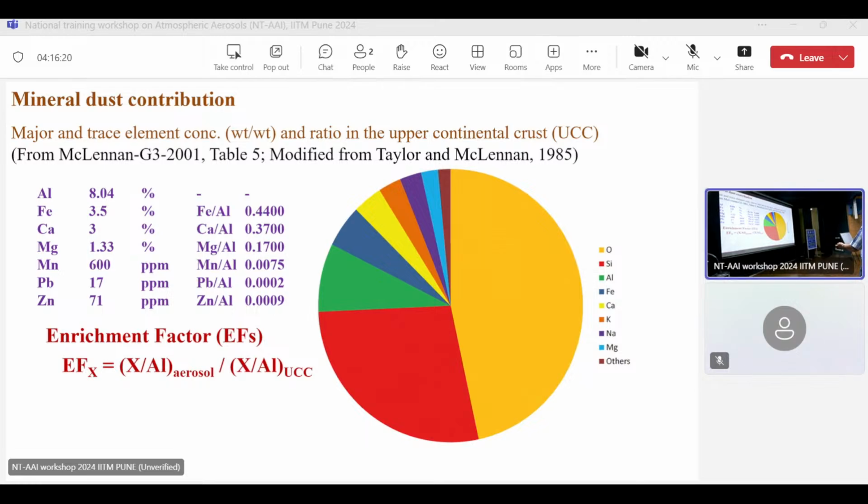So from this ratio, if the ratio is 1, what does that mean? The enrichment factor is 1. What does that mean? No enrichment. That means everything is from dust only.